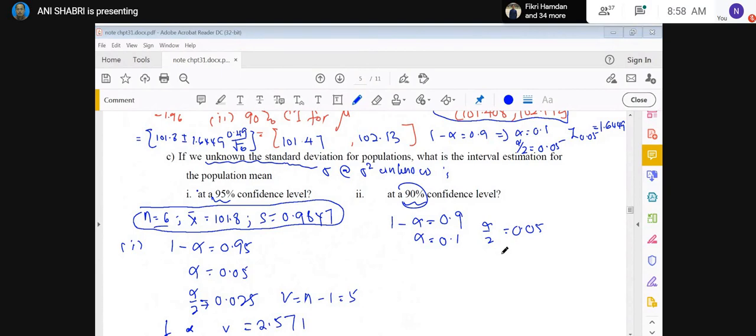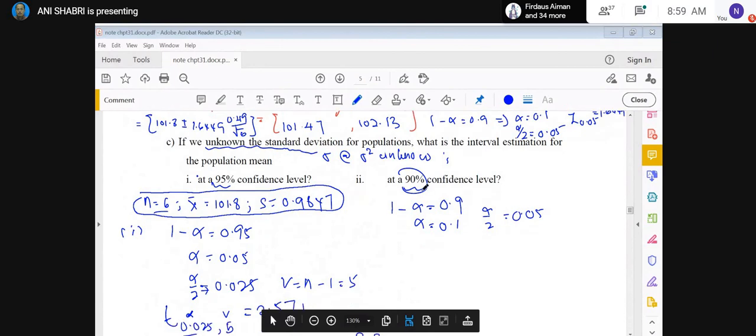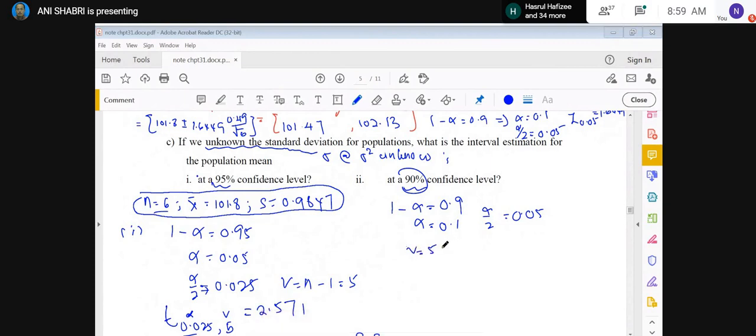Okay, look from the table. Look at alpha 0.05 and V equal to 5. What is the value? From here still using the T distribution. T is equal to t 0.05, V is 5.